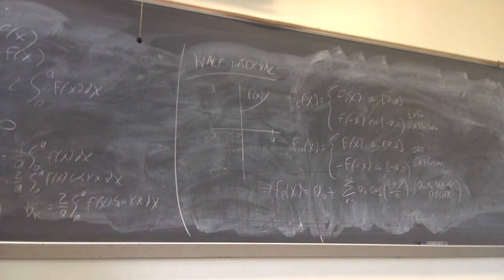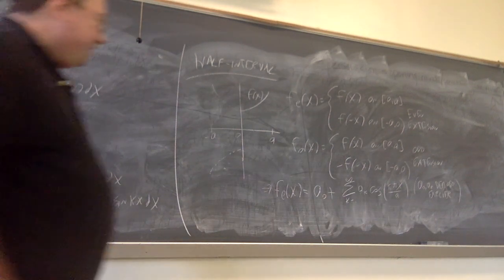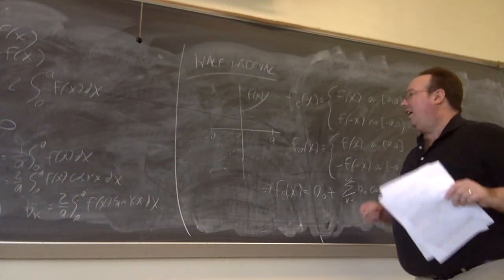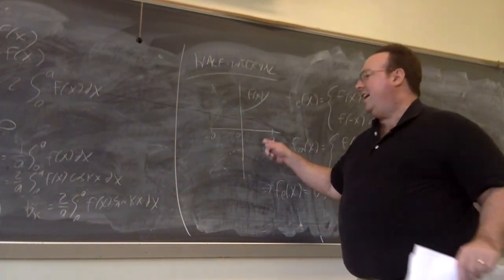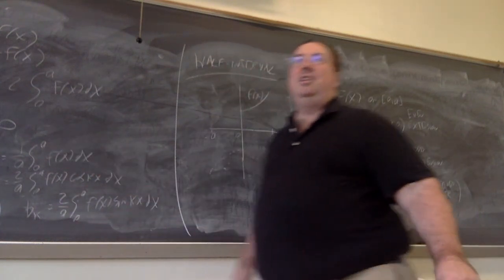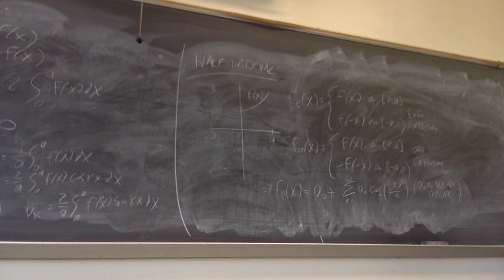So if you're watching at home, this is your a0 and a_k. I'm not going to write them again because I'm lazy. Notice, I only need a series from 0 to a, and this only uses values of f from 0 to a. So it's nice that you can use function values from the interval in which you want the series to get the coefficients.